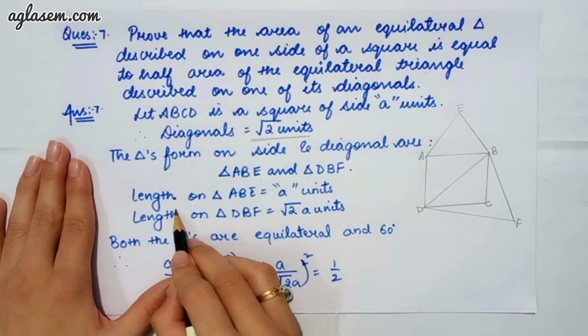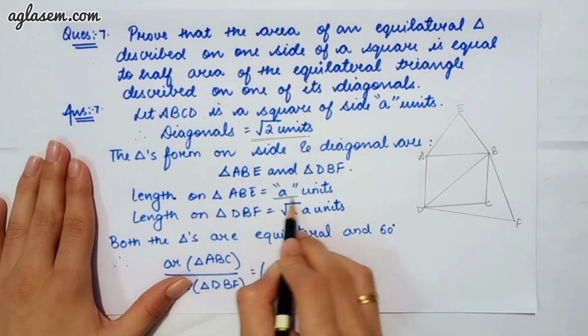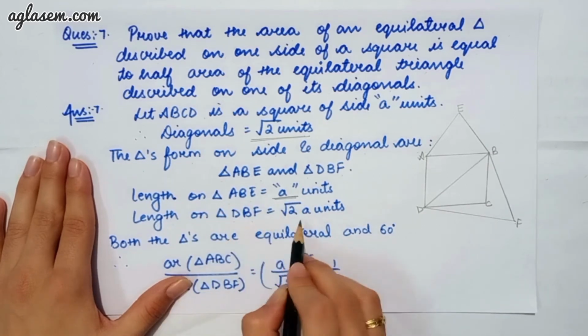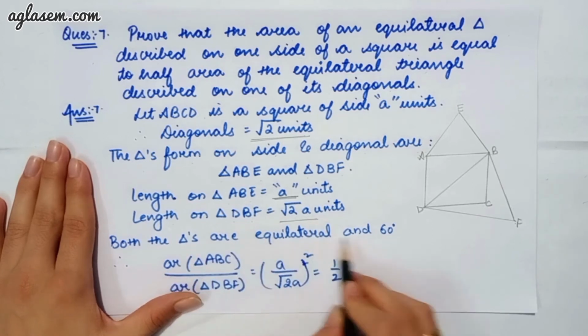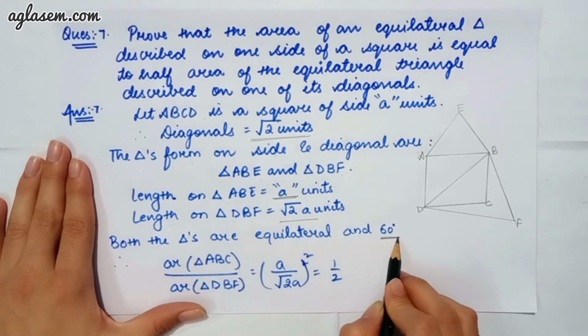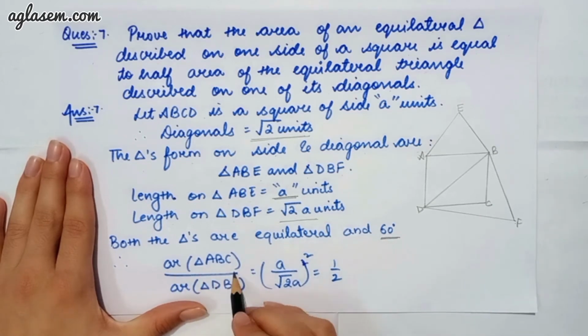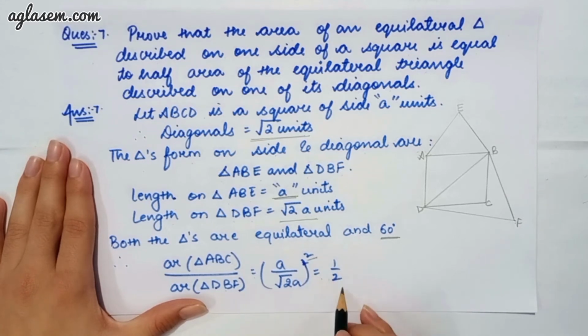So here the side of triangle ABE is A unit and the side of triangle BDF is root 2 A unit. So both the triangles are equilateral and each angle is 60. So area of triangle ABE divided by area of triangle DBF is equal to A upon root 2A whole square, which will give you 1 upon 2.